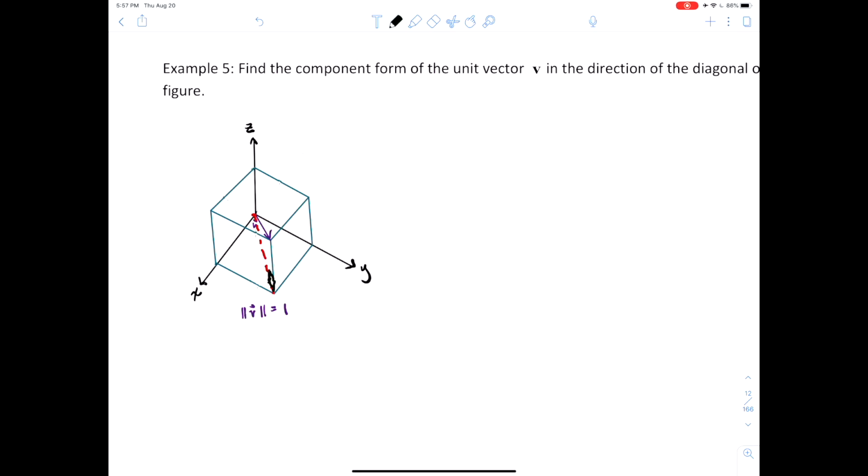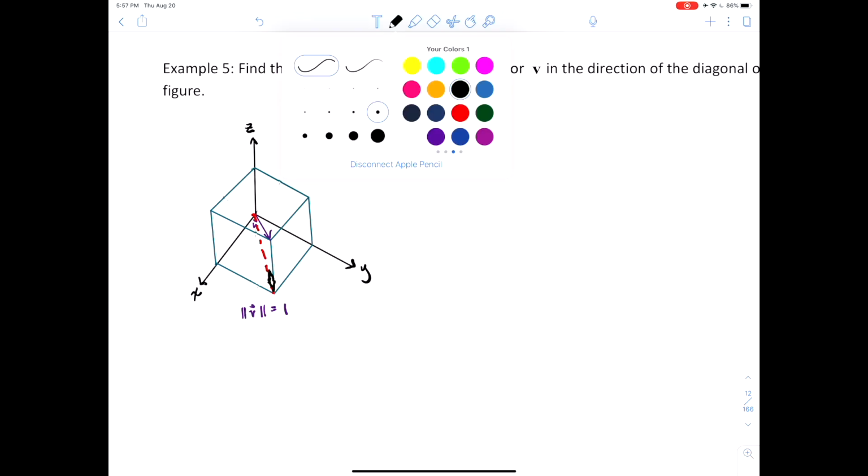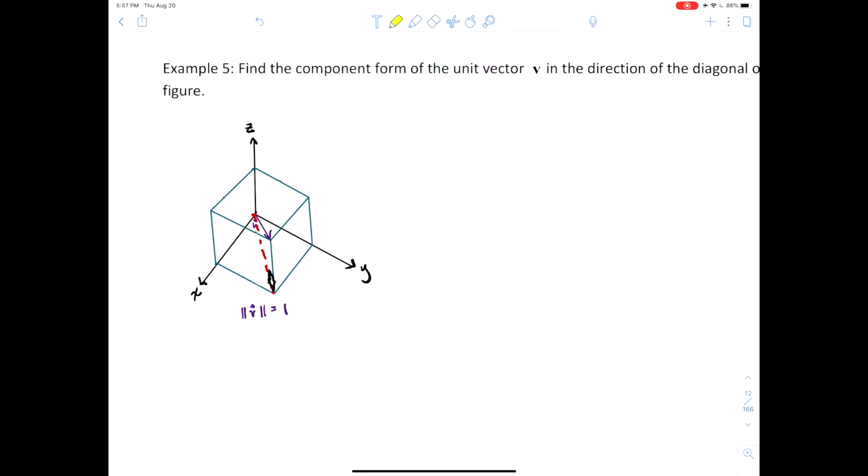So if we could figure out this triangle, so I'll highlight it, then we could figure out what v would have to be, okay? So let's do it.